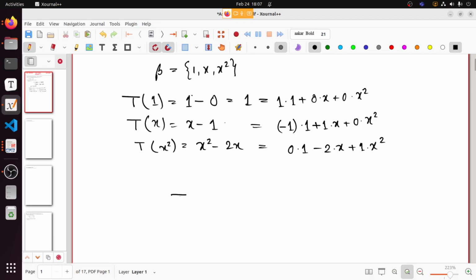So what will be the matrix? The matrix of T with respect to the basis beta, beta will be a 3 cross 3 matrix. We have to write it down column-wise.